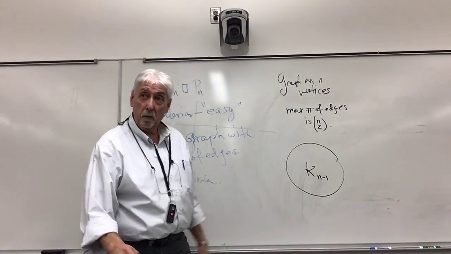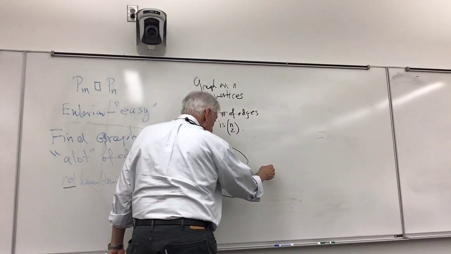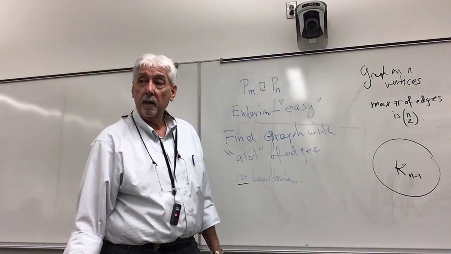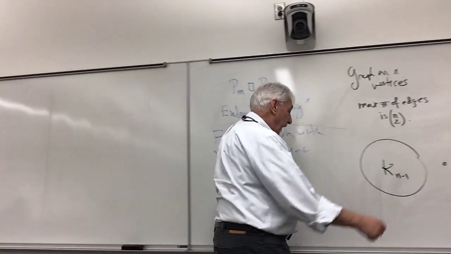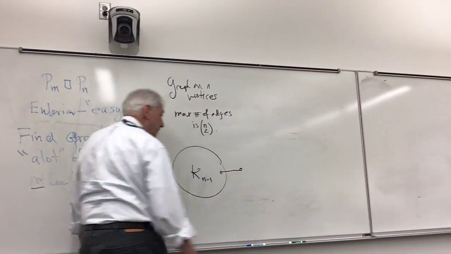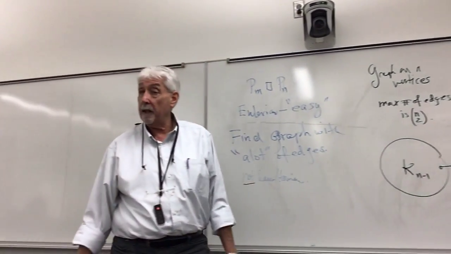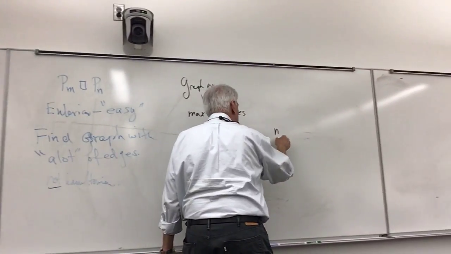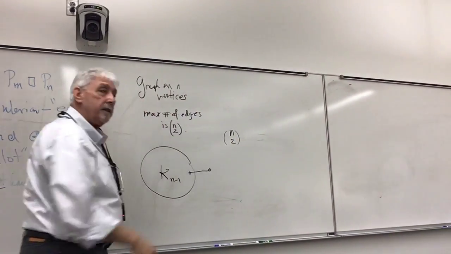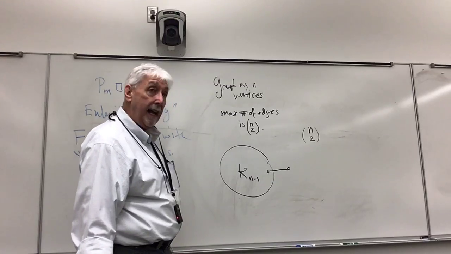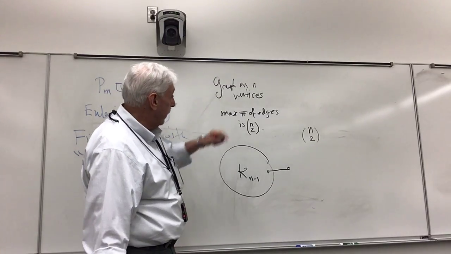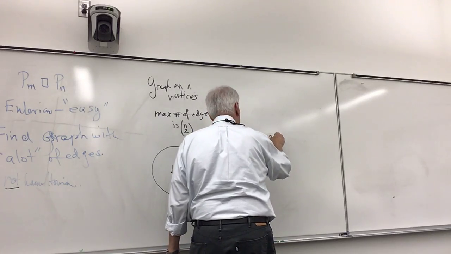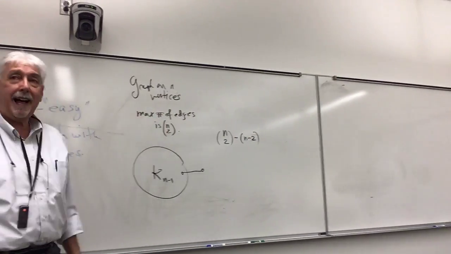Okay, so we need one more point. Is this graph Hamiltonian? No. And in fact, is this graph Hamiltonian? No, that's not Hamiltonian either. So I can get up to almost n choose 2, the total possible number of edges on a complete graph. I can remove n minus 2 edges. That's a lot of edges.